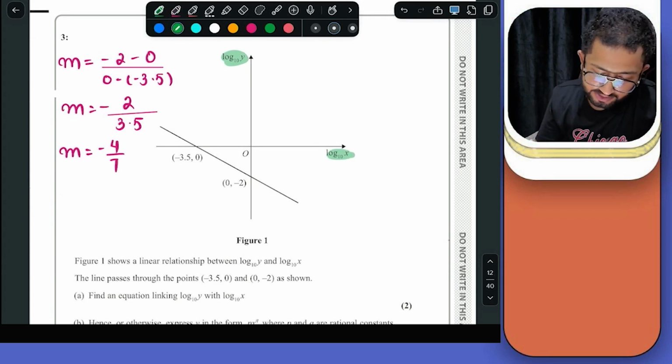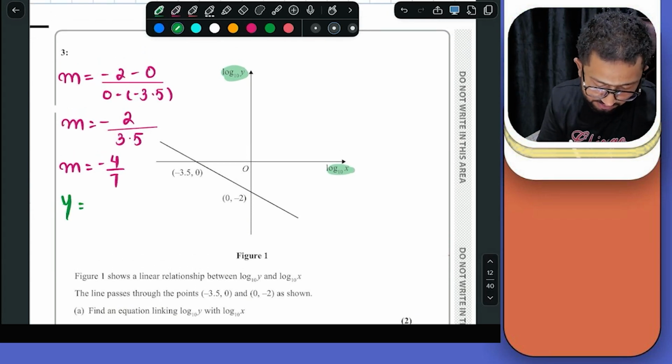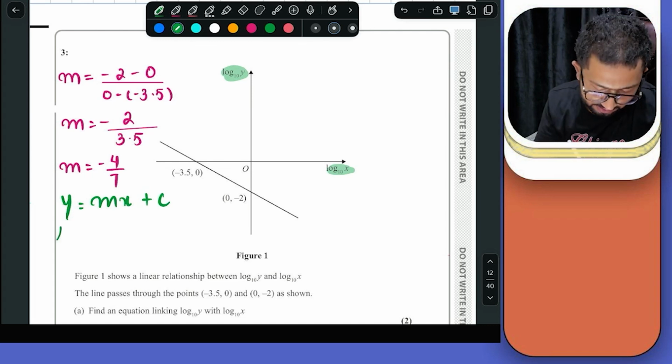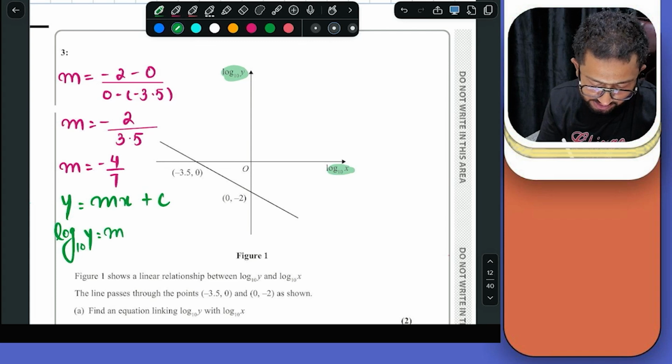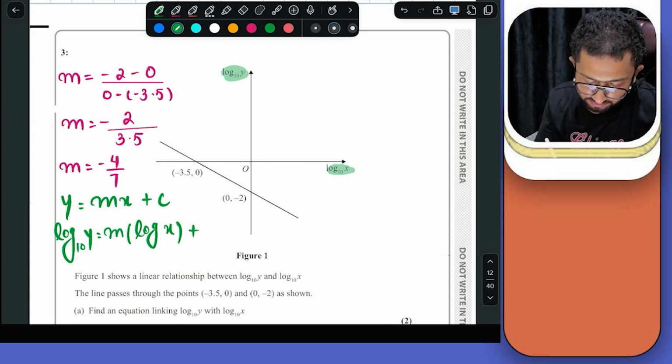So the equation of this line will become y equal to mx plus c, but the y-axis quantity is log y and the x-axis quantity is log x, plus c.